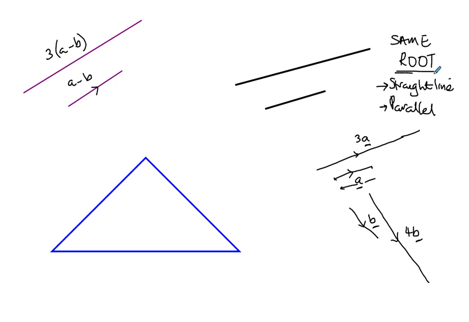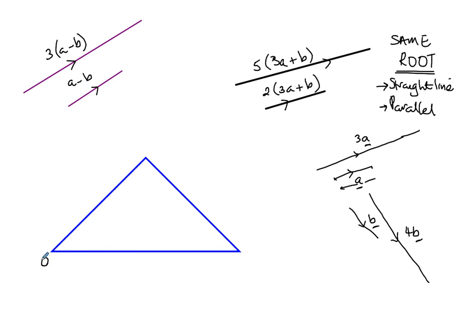So this could be 3A plus B, and this one could be 5 times 3A plus B. And as I said, if you're going the opposite way, remember it'll be minus A minus B. So you just change the signs around.